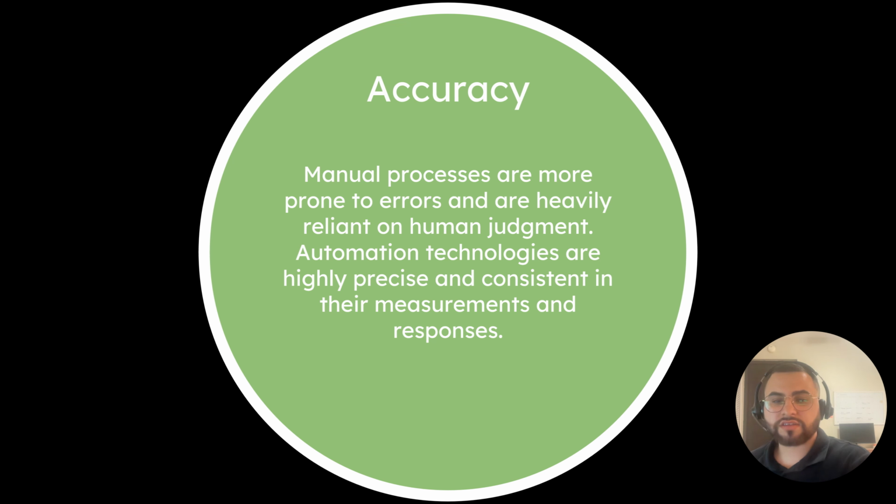These technologies are designed to operate with a high level of accuracy, providing consistent measurements and responses. Automation systems rely on predefined algorithms and parameters, ensuring a uniform and reliable approach to monitoring, detecting, and addressing issues with the electric grid.